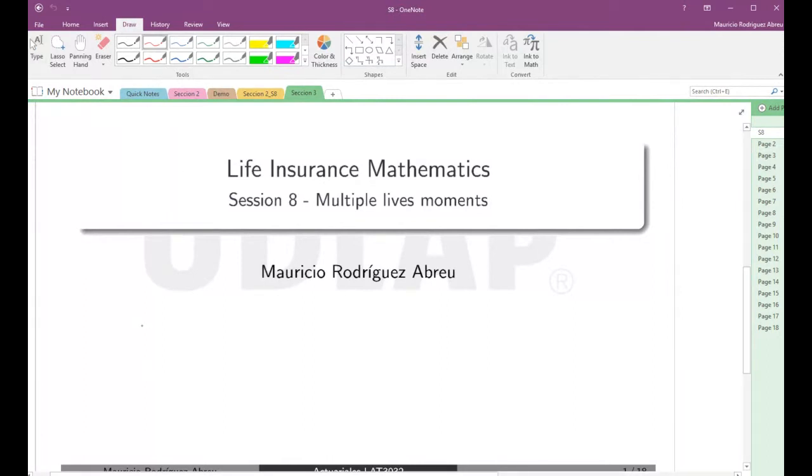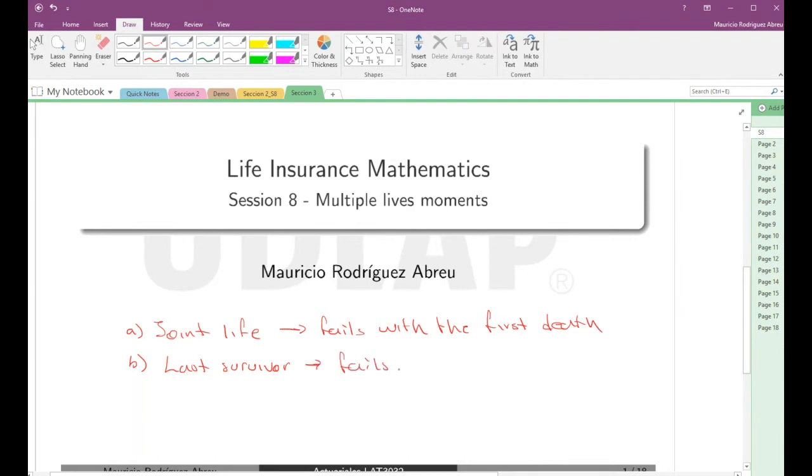Remember that here we have two approaches. We have A, joint life, which fails with the first death, and B, last survivor.